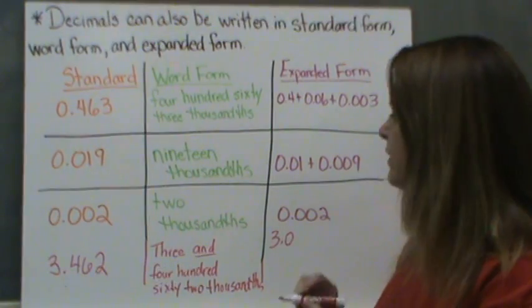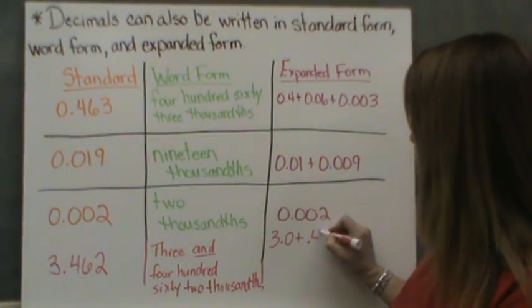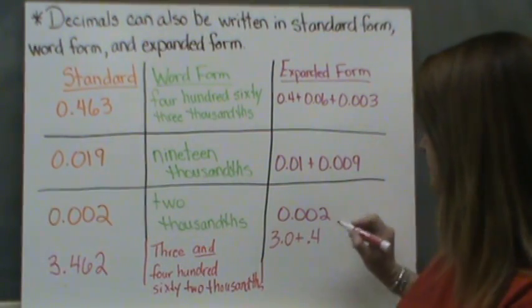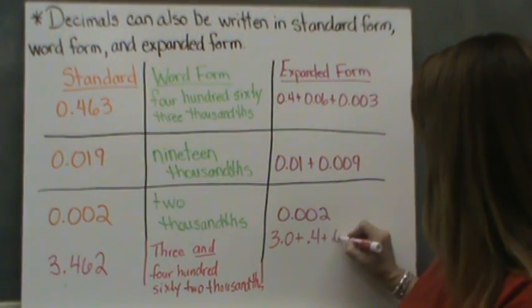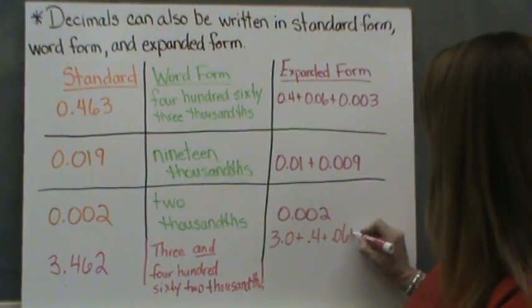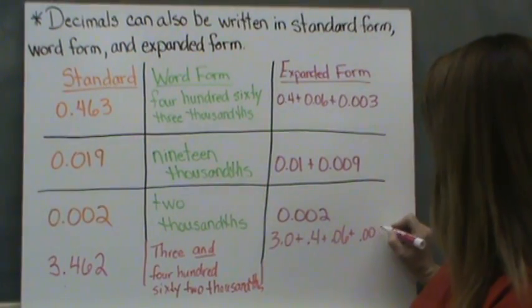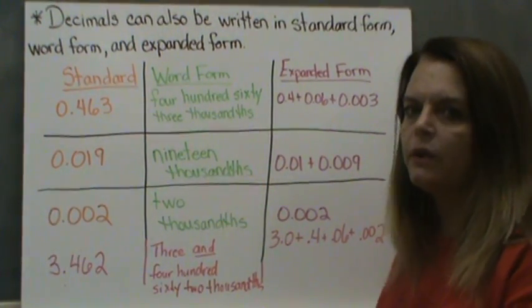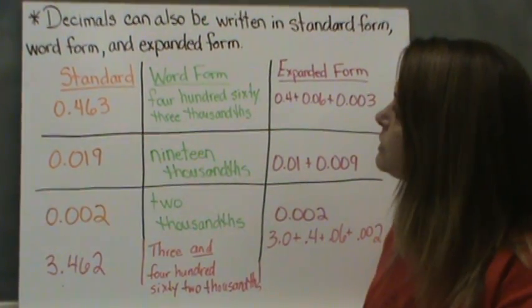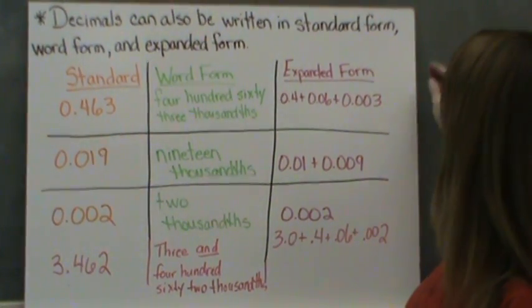It doesn't change the value, plus 4 tenths plus 6 hundredths plus 2 thousandths. So that's your decimals in standard, word, and expanded form.